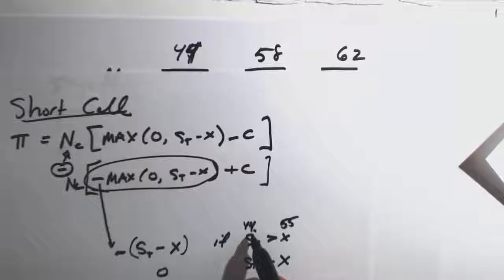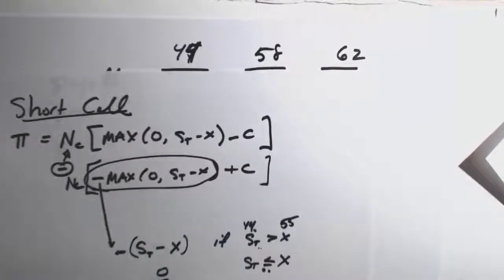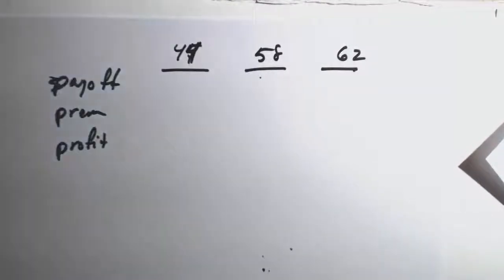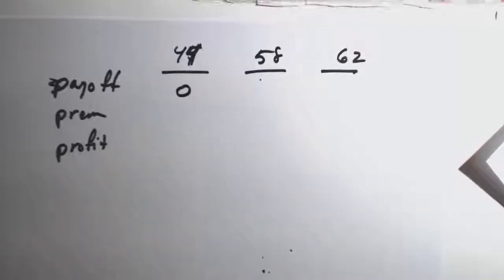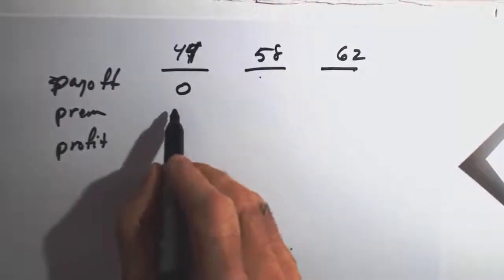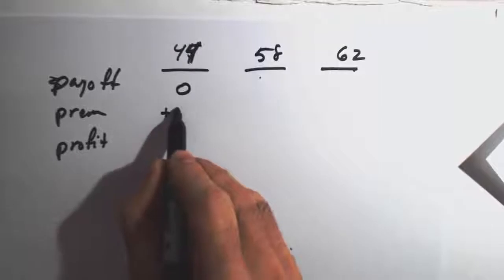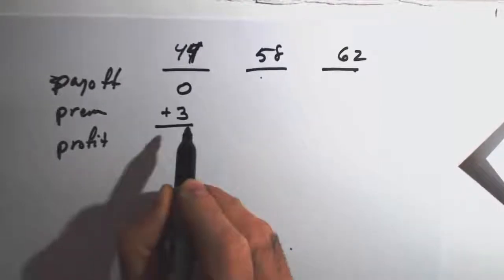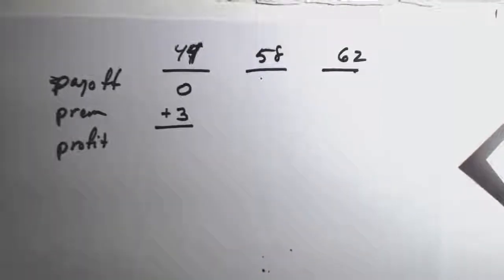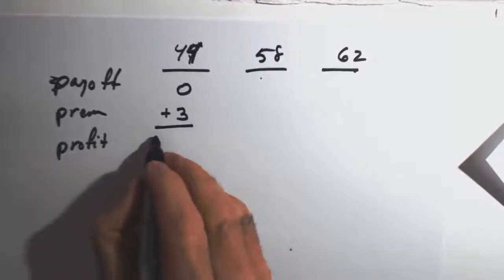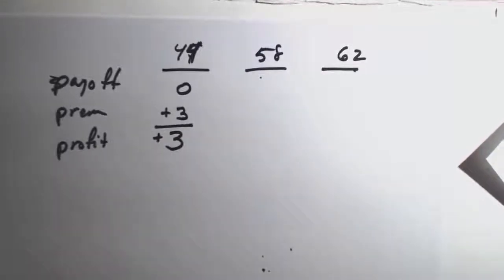That doesn't make sense. The holder is not going to exercise it, so the payoff is 0. Now the premium for the short is going to be to collect $3. The option is a $3 option, the same option we looked at in the previous example. So the profit overall is $3 per share.